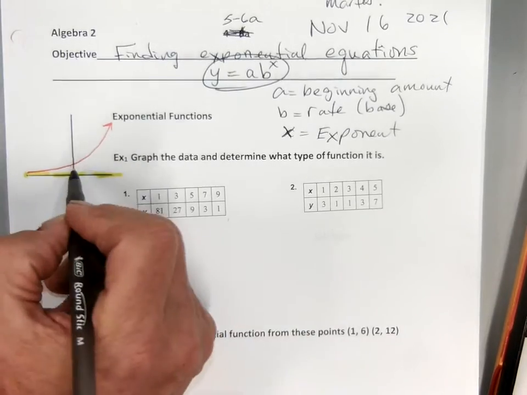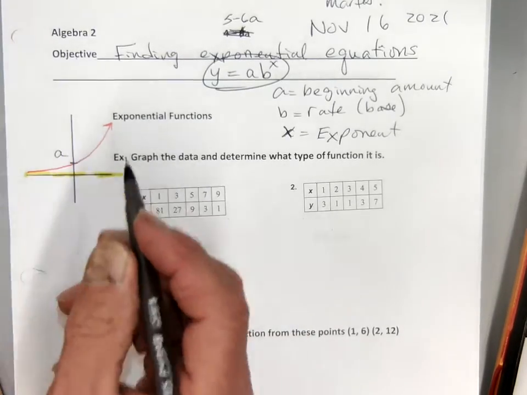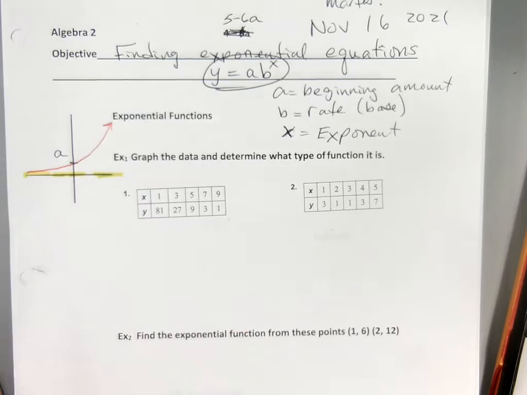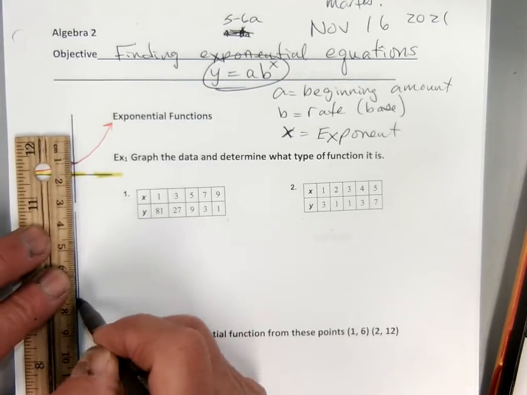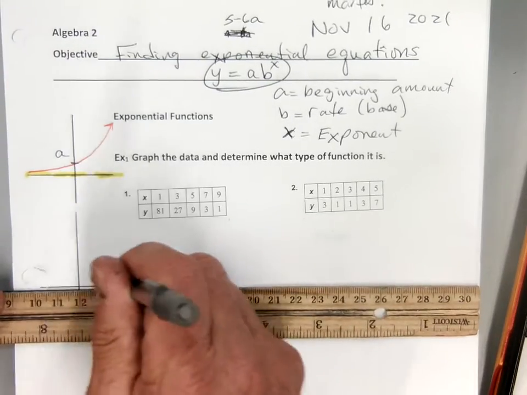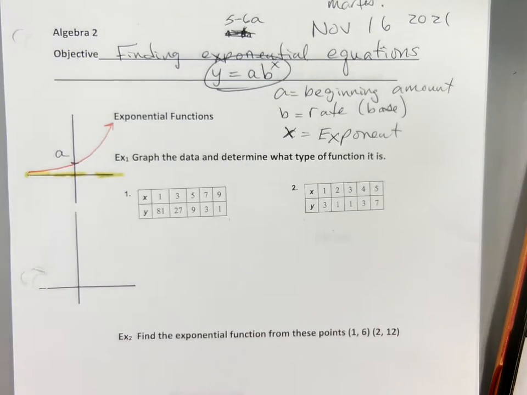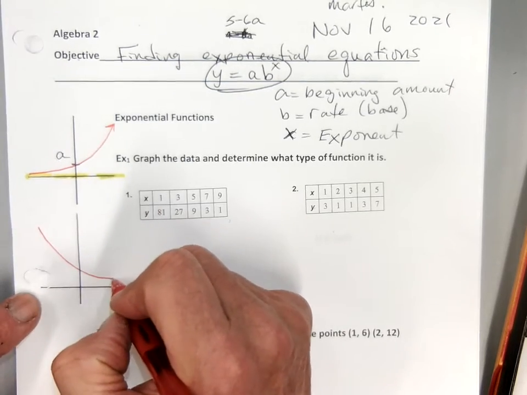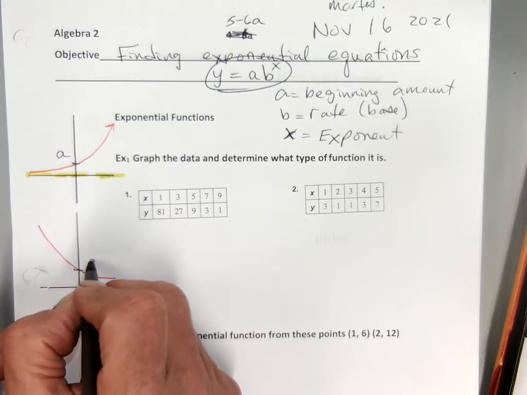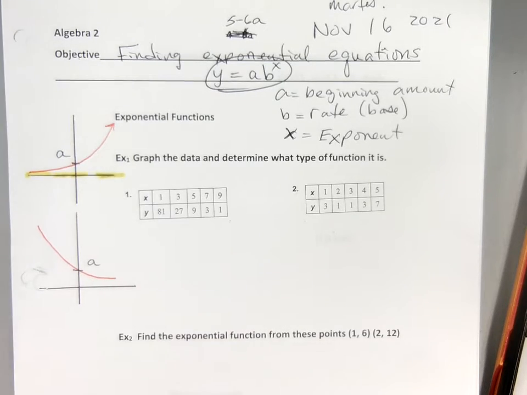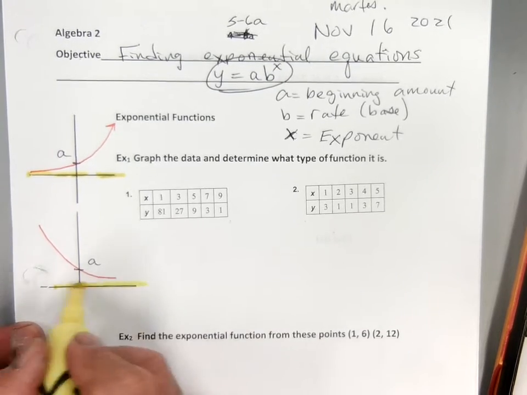And we have our beginning amount, that's our value A. That's exponential growth. We've also seen this graph, and it could look like this. There's our value of A right there. We have our asymptote, right?